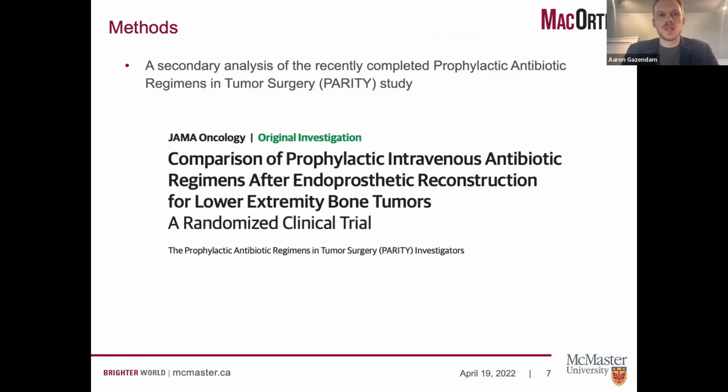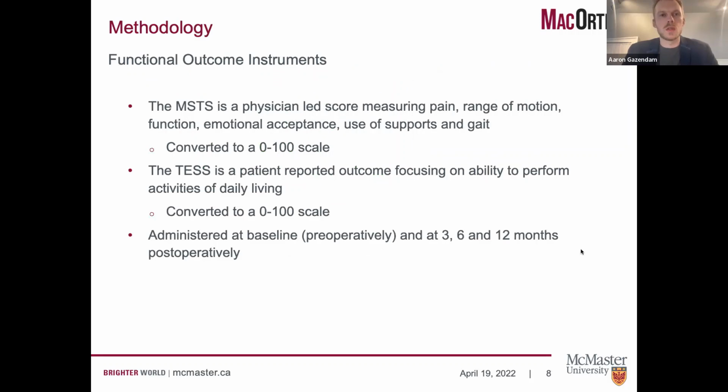This was a secondary analysis of the recently completed PARITY trial, which was a multi-centered clinical trial investigating the impact of the duration of postoperative antibiotics on surgical site infection. Functional outcome scores were administered throughout the trial to the participants.